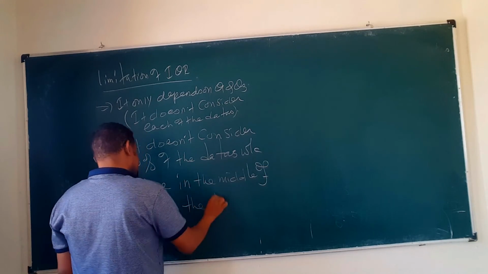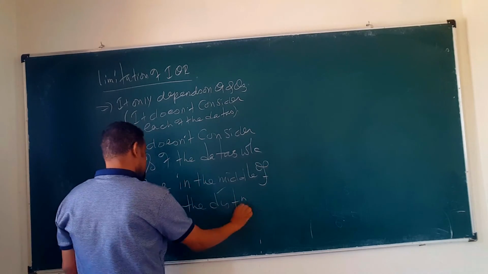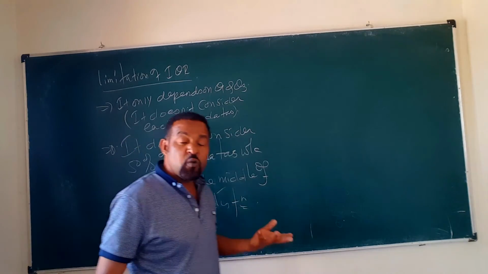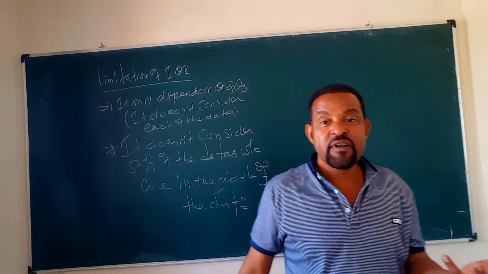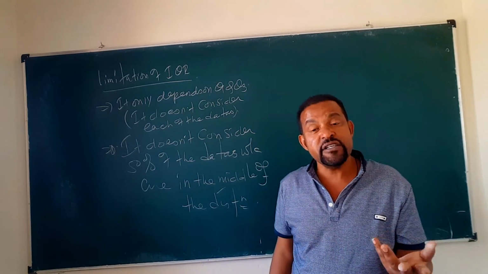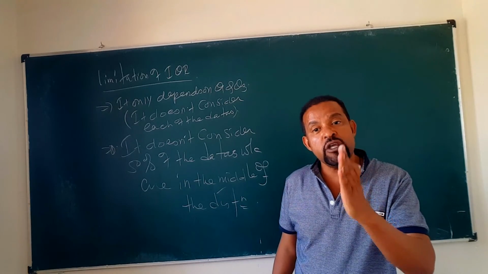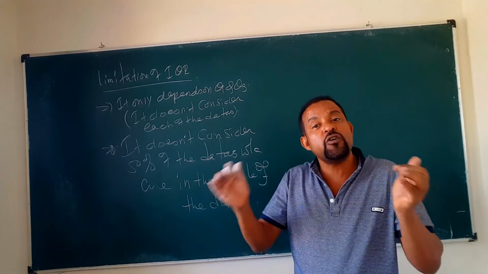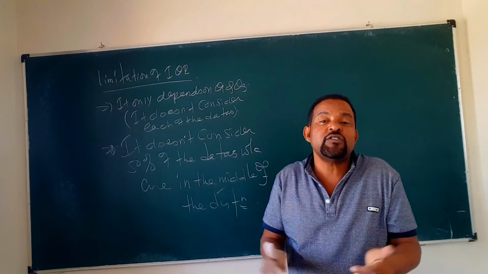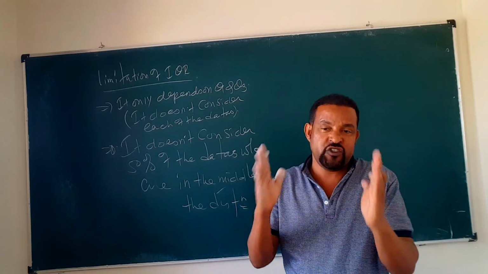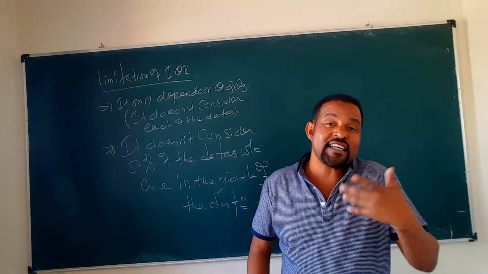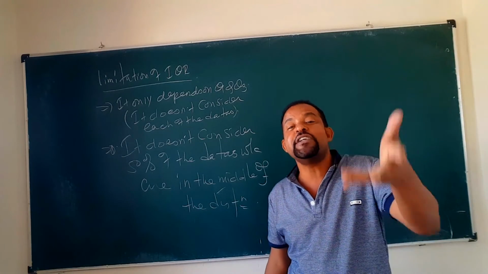So there are two basic weaknesses of the interquartile range. አንደኛው it depends only on Q1 and Q3. ሁለተኛው it doesn't consider the 50% of the data which are in the middle of the distribution. What about its advantage? Its advantage is it avoids the limitation of the range.